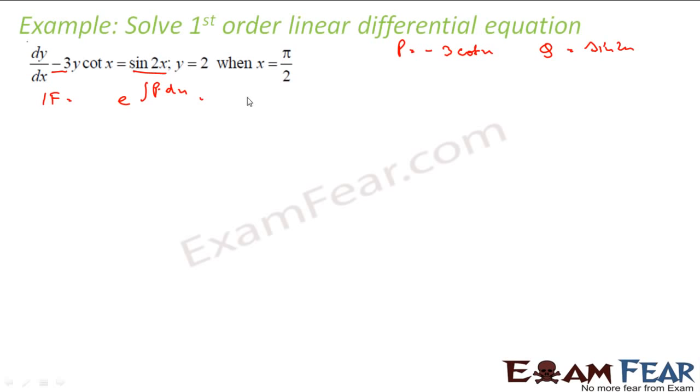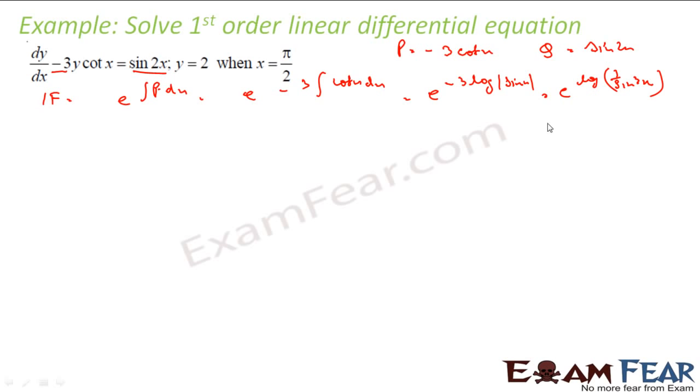that is e to the power integral of minus 3 cot x dx, that is e to the power minus 3 log of sine x, that is e to the power log of 1 by sine cube x, correct?